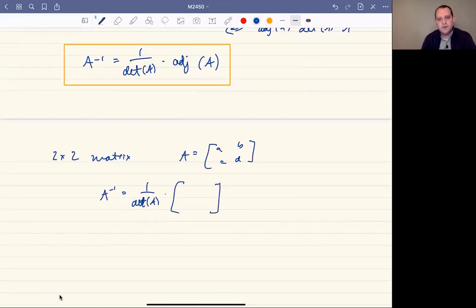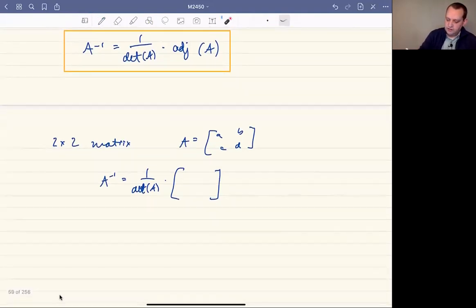It turned out what the special matrix is, it's the matrix of cofactors. And so the cofactors are going to be, if you remember what happened, D, A, negative C, negative B. You have these signs that are negative because of the sign chart.